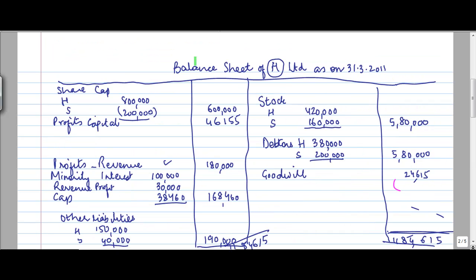So I got these two numbers as I did my total as 1,184,615, 1,184,615.